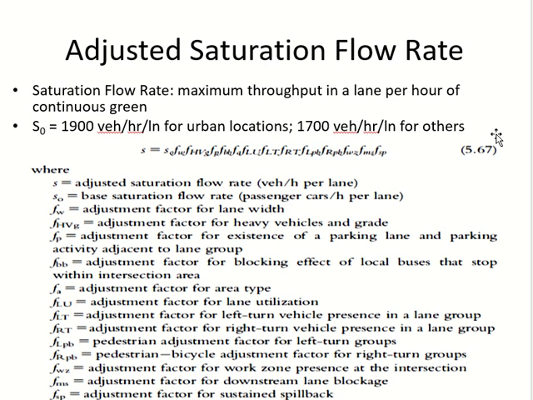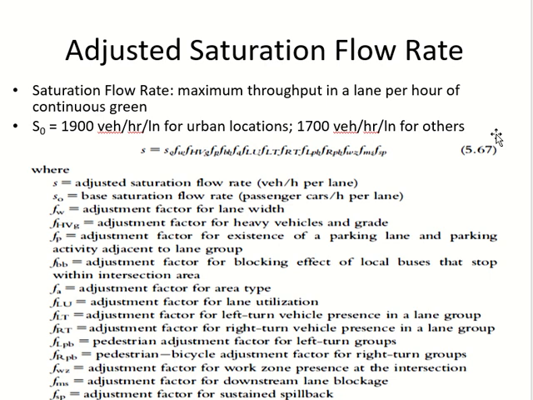Adjustment factor for sustained spillback. What is a spillback? I showed you a video earlier. If intersections are very close to each other, I'm at this intersection and I want to move forward, but the queue in the other segment is very long, so it is blocking the intersection.